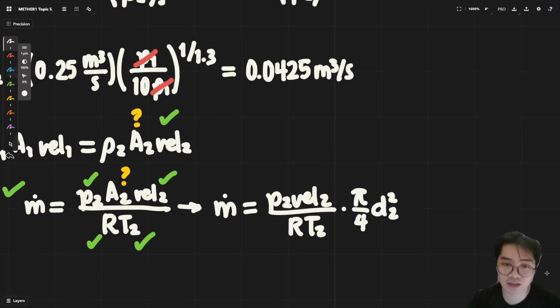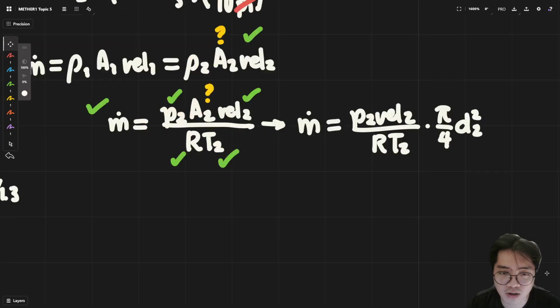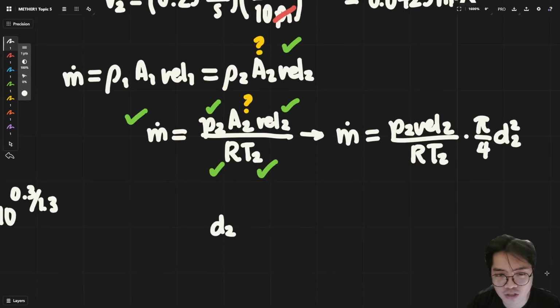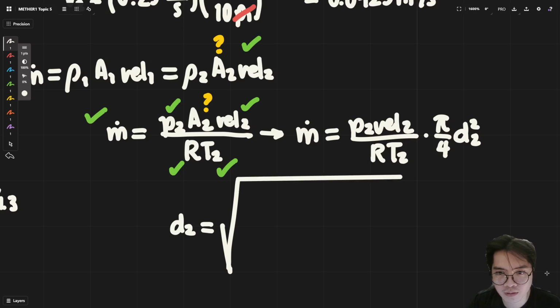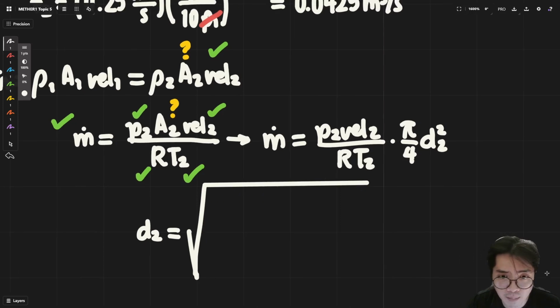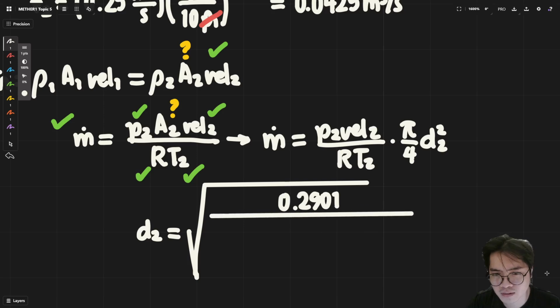And again, we do the same thing that we've done earlier. And then let's go ahead and square root immediately, right? You will have your big square root right here. You will have your m dot on top, which is the 0.2901, if I'm remembering that correctly, right? And then you will have everything at the bottom.